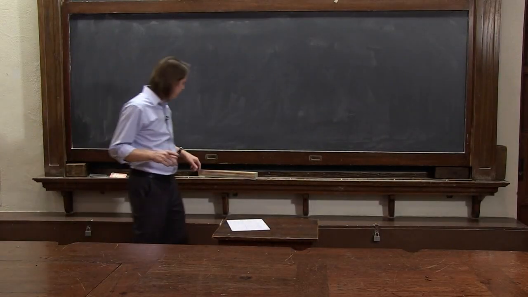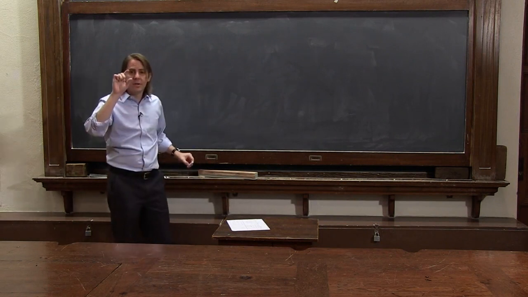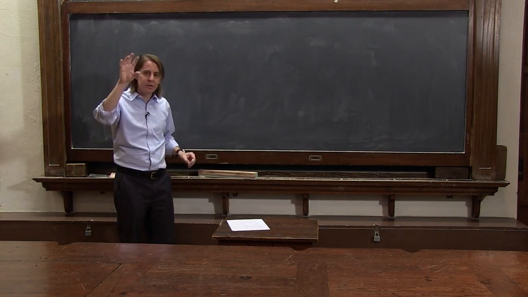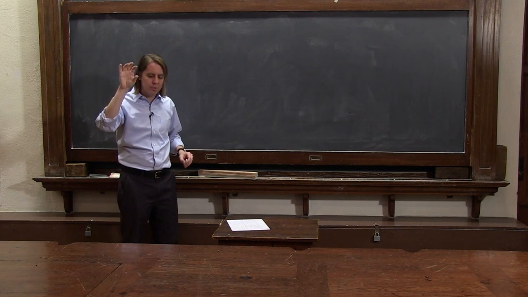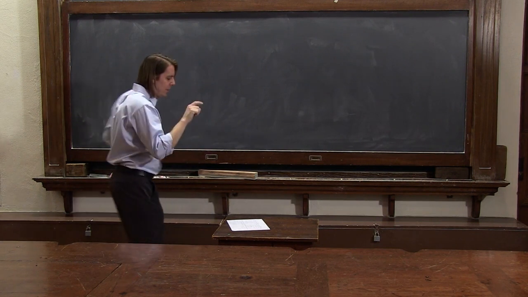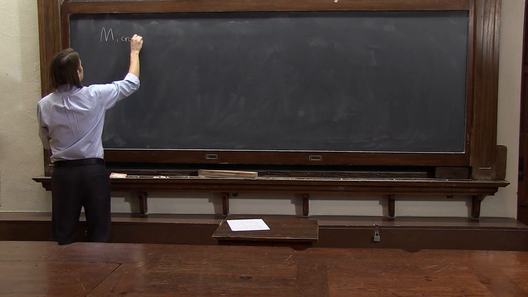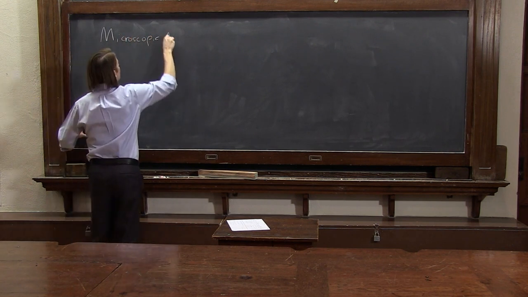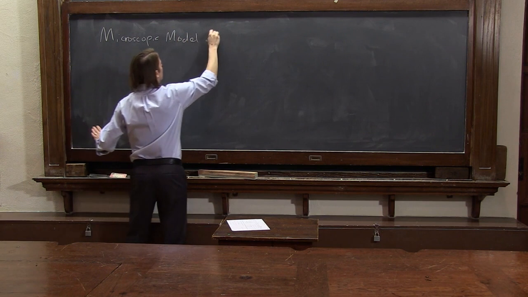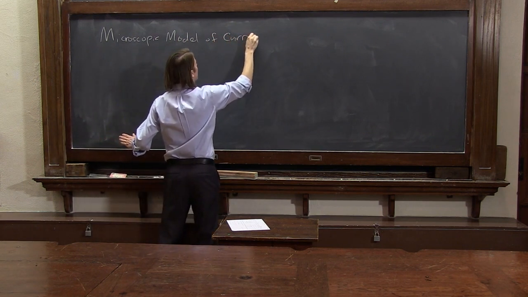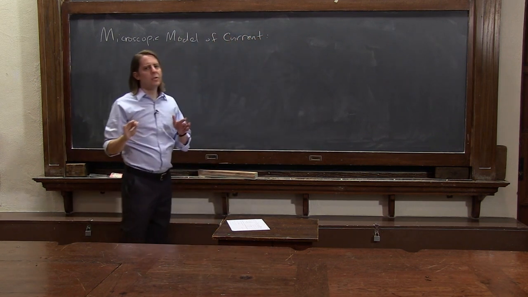I gave you the definition of current as dq over dt, or delta q over delta t, the charge per unit time. Now let's look at the microscopic model of current. I've had students get confused about this.